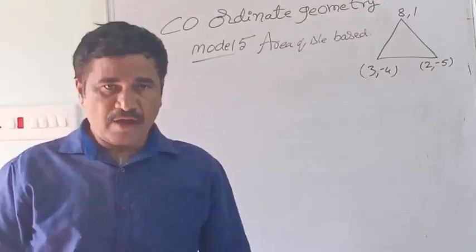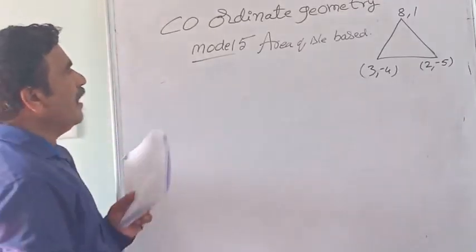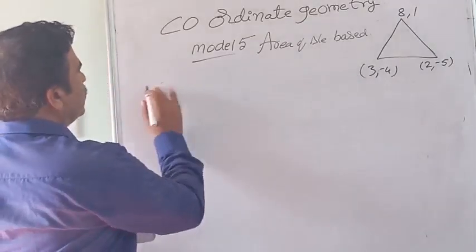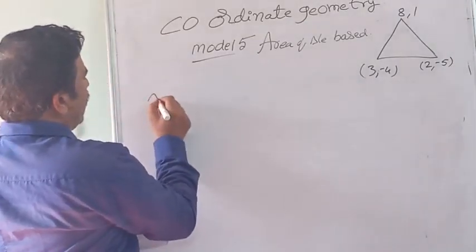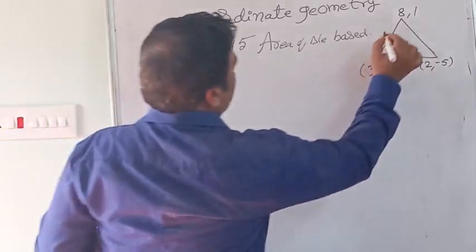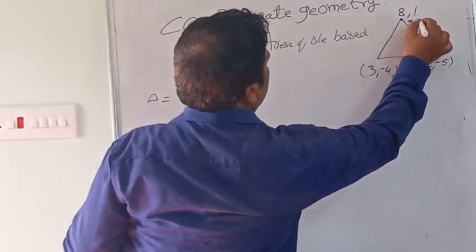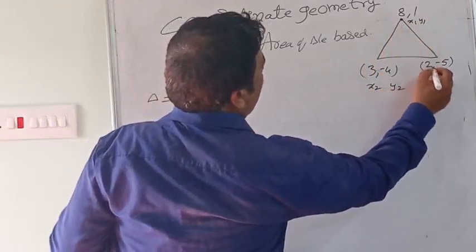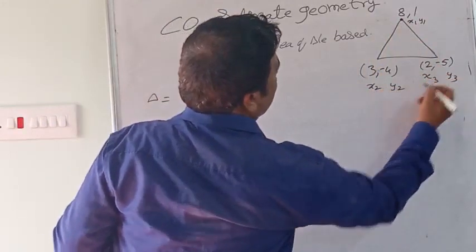Okay. Now model 5, based on the area of triangle formula. Area of triangle delta is equal to, take point A as x1 y1, point B as x2 y2, point C as x3 y3.